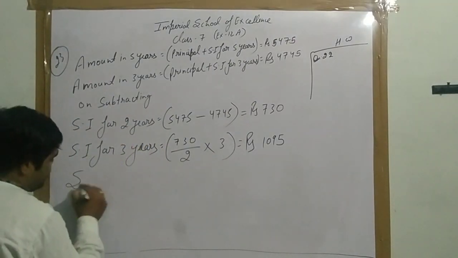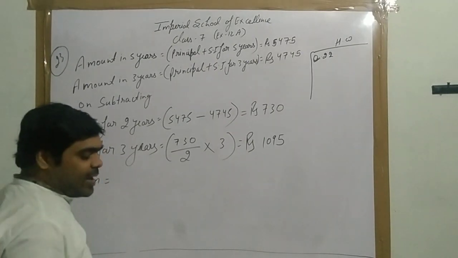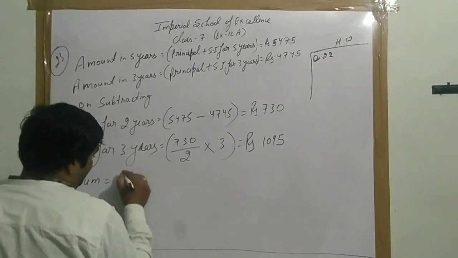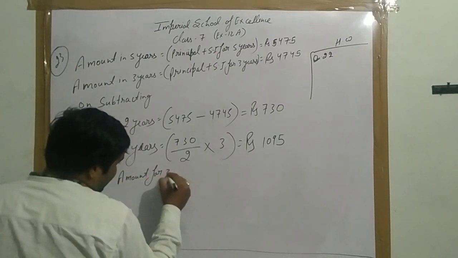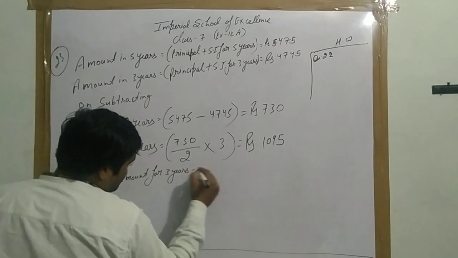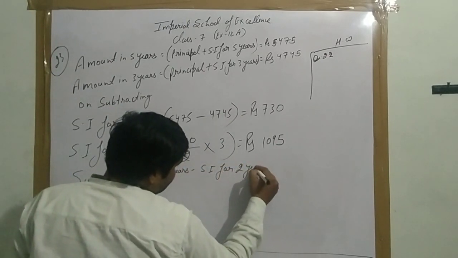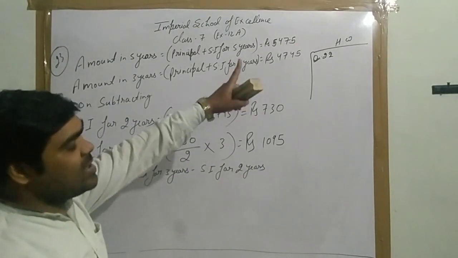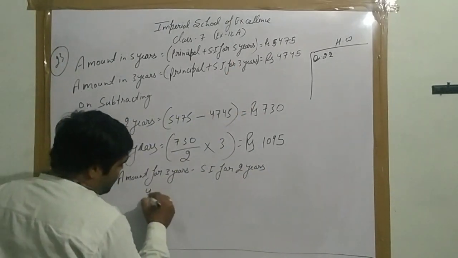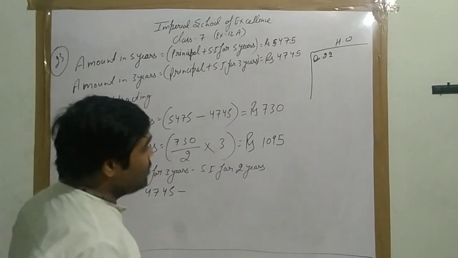Now what we have to do? Sum equals amount for 3 years minus SI for 2 years. What is the amount for 3 years? 4,745. 4,745 minus what is the SI for 2 years?